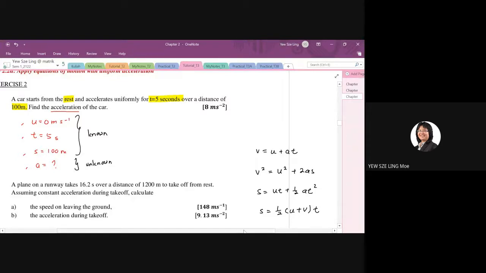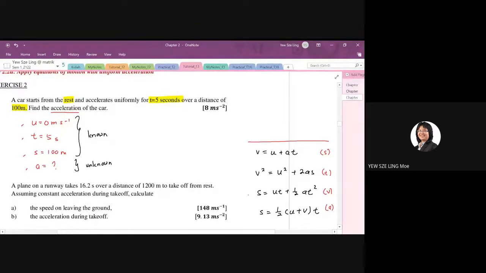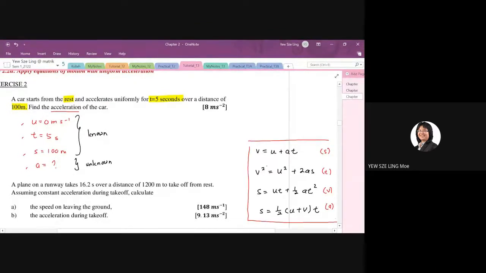Now let us look at the equations on the right hand side. The first equation, s is missing. The second equation, t is missing. Third equation, v is missing, and the last equation, a is missing. So if you look at these 4 equations, you know which one to use now. We don't have v in our list of information.